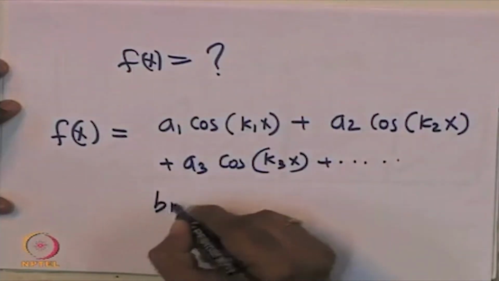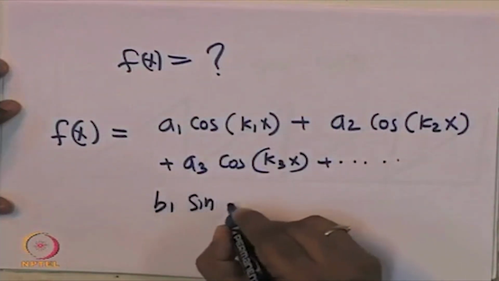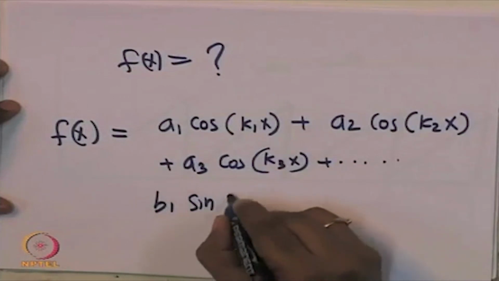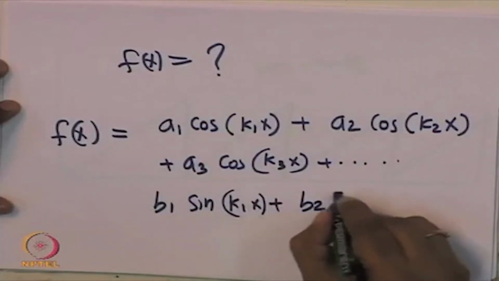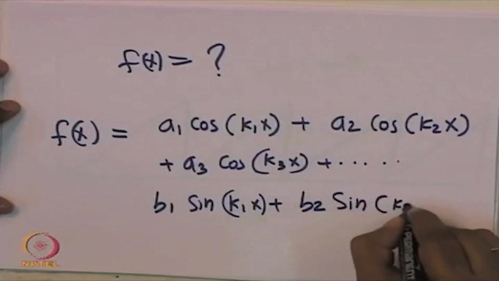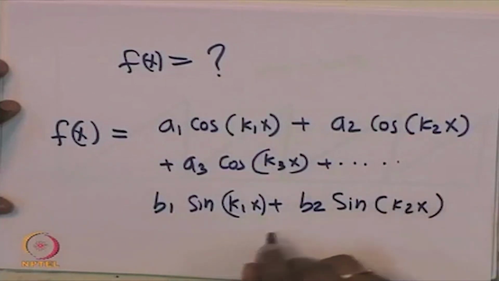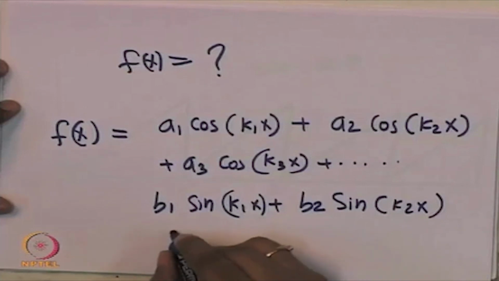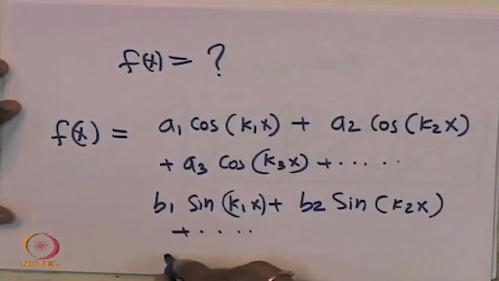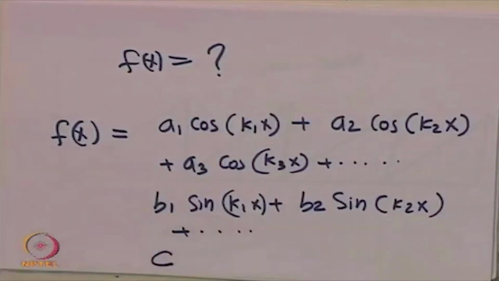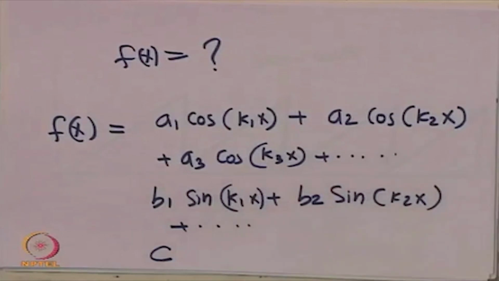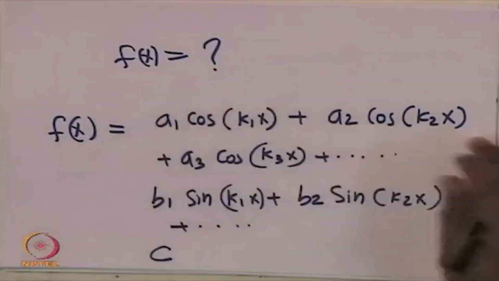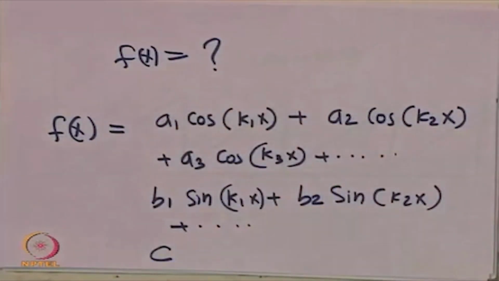Then you can say b1 sin k1x plus b2 sin k2x plus dot dot dot plus some constant c. So this is a very general combination of sine and cos that you can think of.